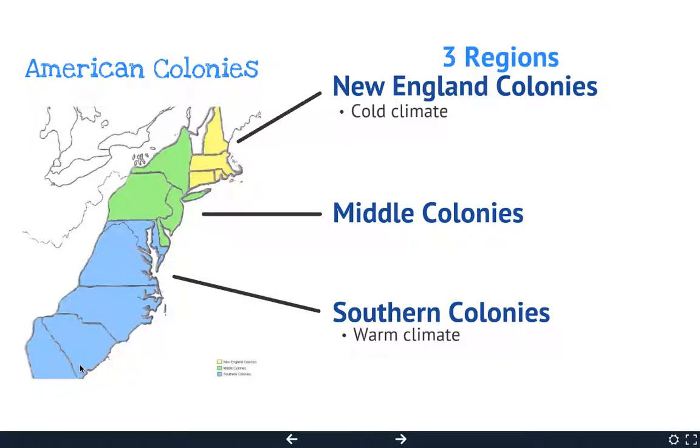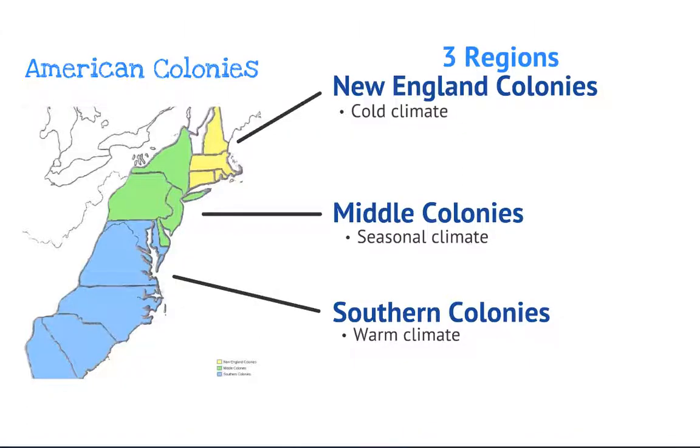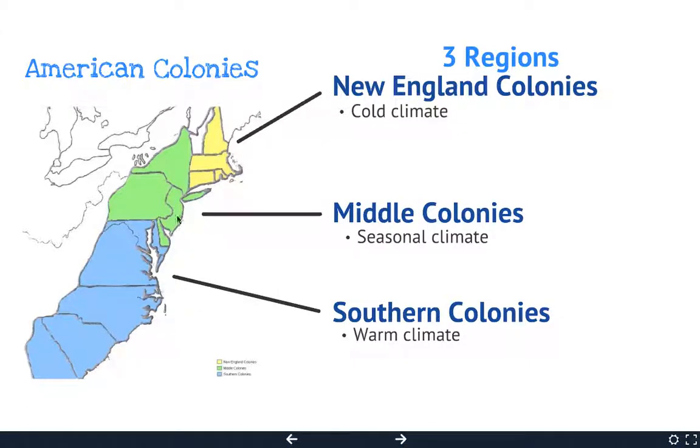So down here, we end up having a very long summer season, versus the middle colonies, which actually have legitimate seasons. Up north, they're going to have winter and then a very short summer. In the South, we're going to have a very long summer and a short winter, and spring and fall really get lost in these two.